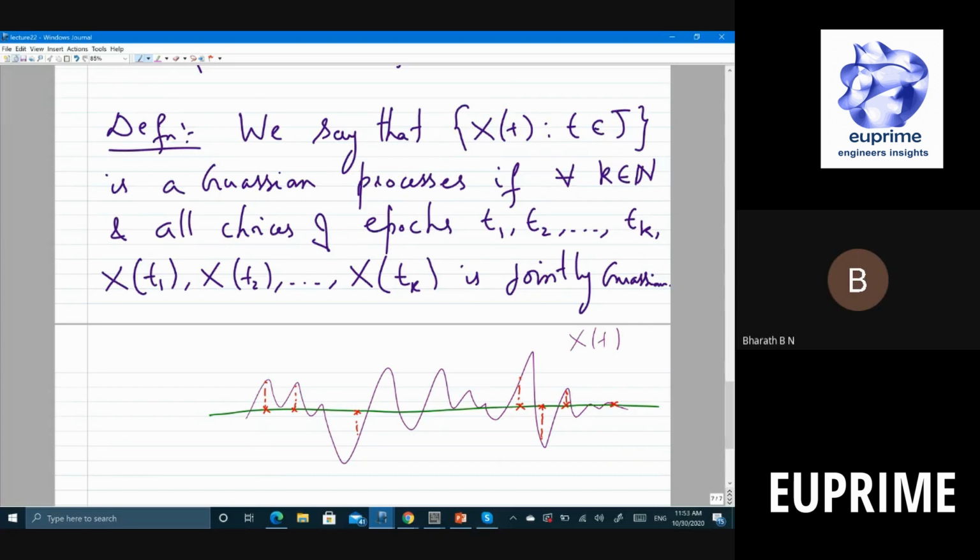If I fix k and t1 through tk, I'll get x of t1 through x of tk, which is a random vector. If that random vector is a Gaussian random vector, no matter what k is and where you pick these t1 through tk, then we say that the process is a Gaussian process. It's kind of weird in the sense we don't know how to generate this kind of a process, but we started out by saying, well, this is what I call a Gaussian process.